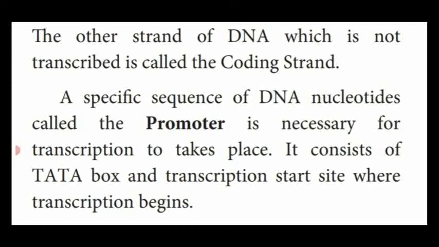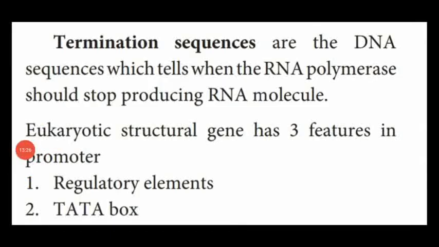These promoters consist of the TATA box and the transcription start site, where transcription begins. So these promoter nucleotides have two regions: one is the TATA box, another one is the transcription start site. Dear students, the termination sequences are the DNA sequences which tell when the RNA polymerase should stop producing RNA molecules.